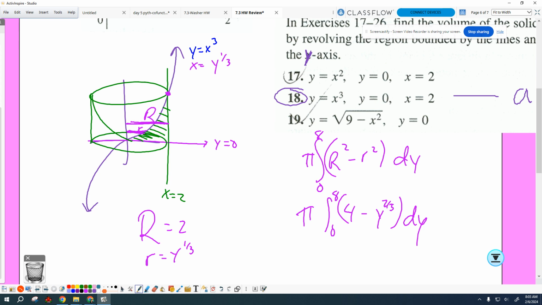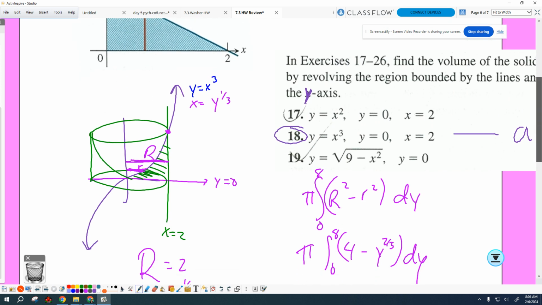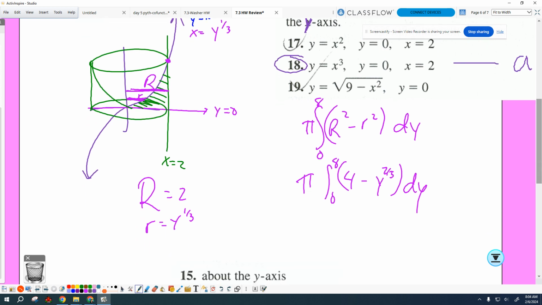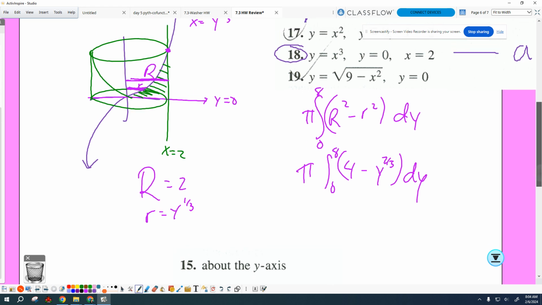That's the washer method. Just wanted to see if you guys could do the Y's business, and I chose values wrong. Anyway, yeah. The little r being y to 1/3, but why wouldn't it be 2 minus y?